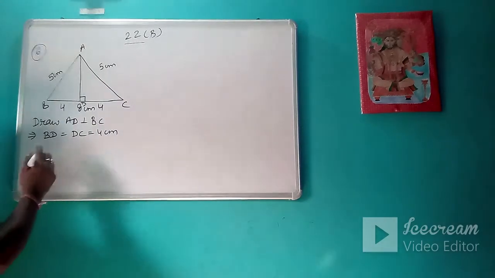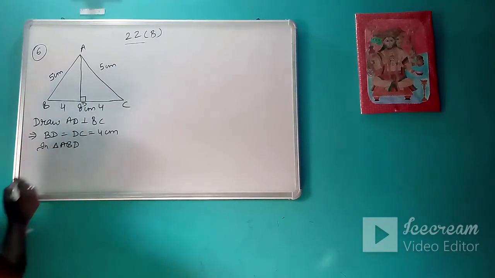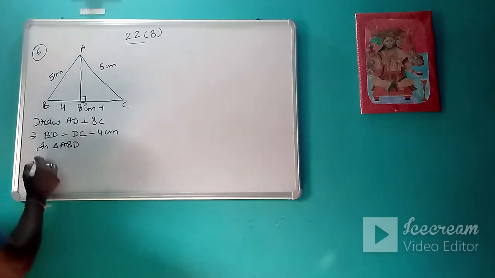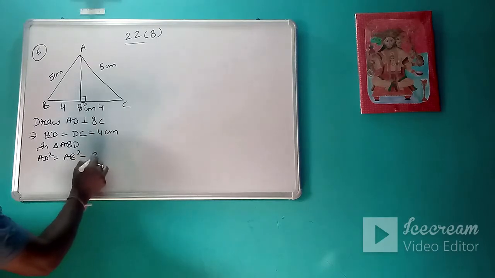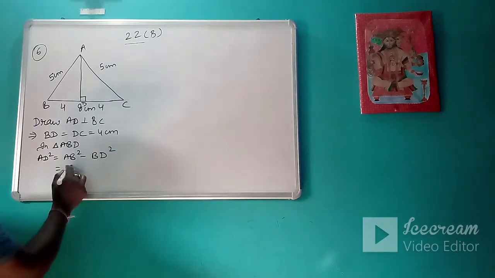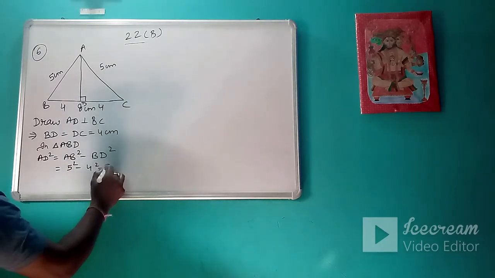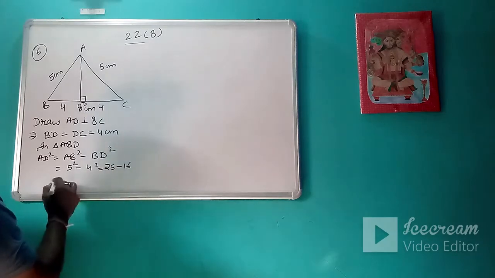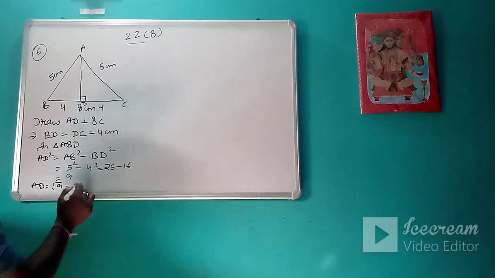Now in triangle ABD, we will calculate the unknown side: AD square is equal to AB square minus BD square. AB was 5, so 5 square minus 4 square, that is 25 minus 16, which is equal to 9. So AD will be square root of 9, that is 3 centimeter.